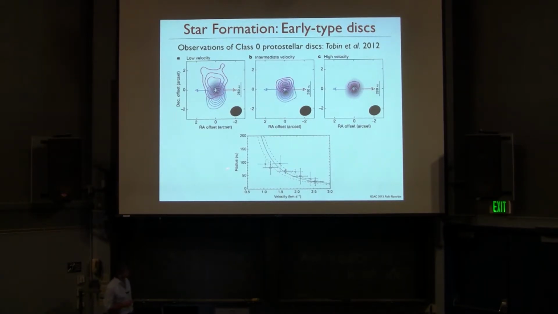The size of the disk here is of the order of 200 AU or so. That's a fairly big protostellar disk, which some people would claim shouldn't exist because of the problem of magnetic braking.